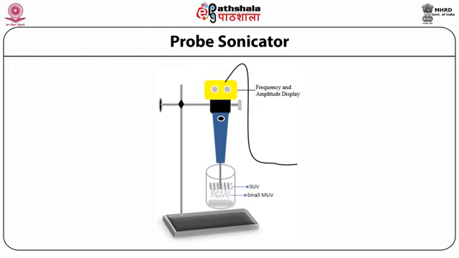This slide shows a probe sonicator with a display unit indicating the frequency used in sonication and the time set for sonication. Provision for monitoring the temperature is also available in new models of the probe sonicator.